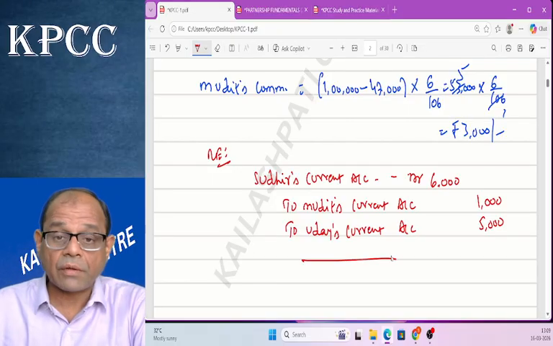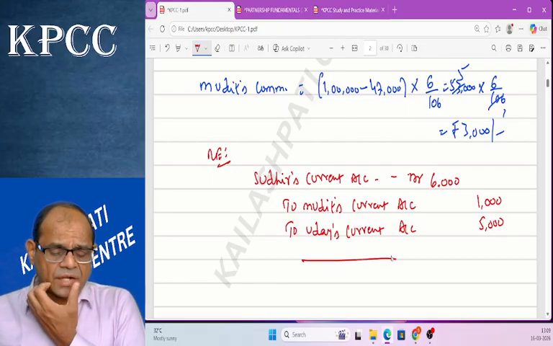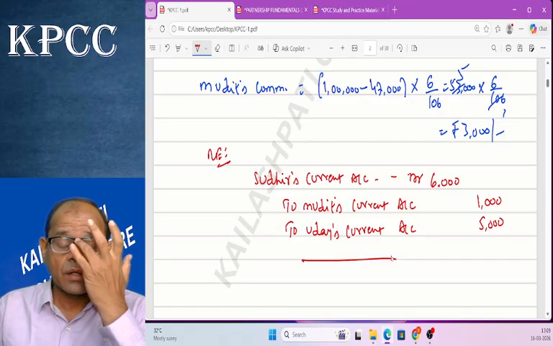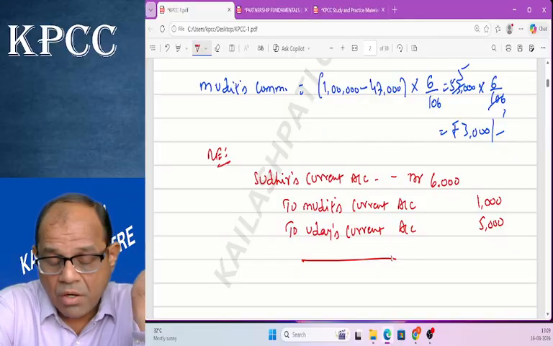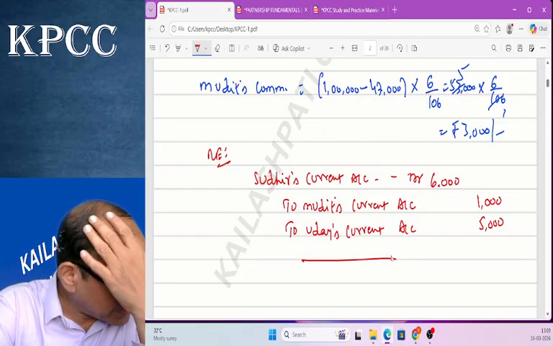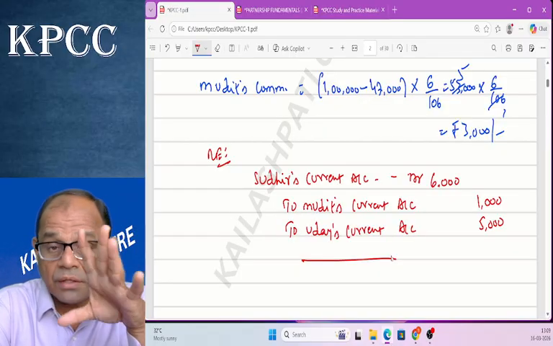Okay, this is the rectifying entry. In the narration you can write: being errors committed while preparing the appropriation account, now rectified. You can write the narration like that. That's all.